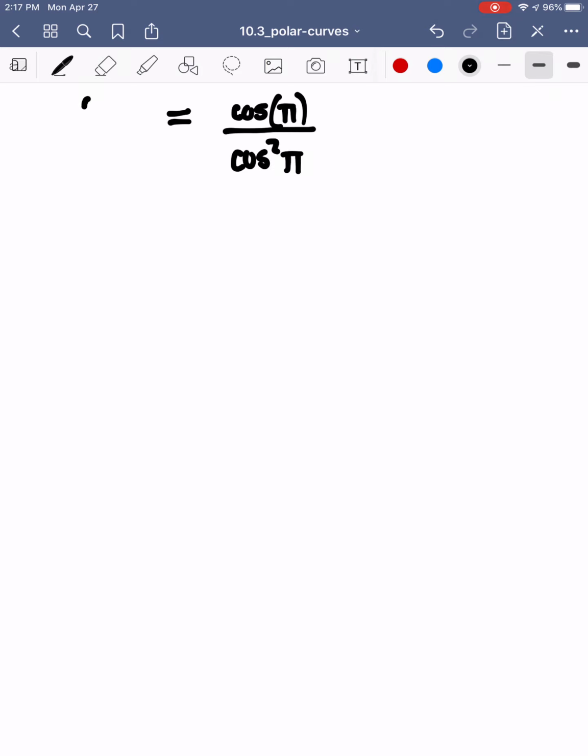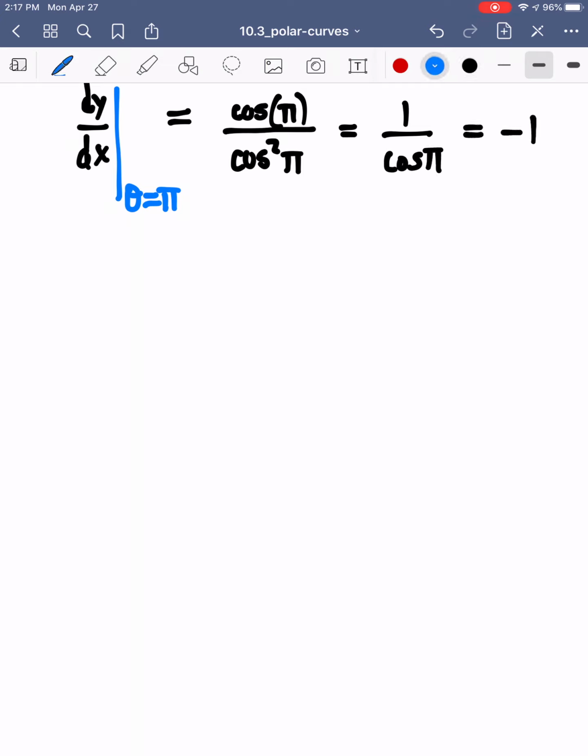And that was when we found the slope dy/dx, and again evaluated that slope at pi. And this whole quantity comes out to 1 over cosine of pi. Cosine of pi is -1, so this slope just comes out to -1.